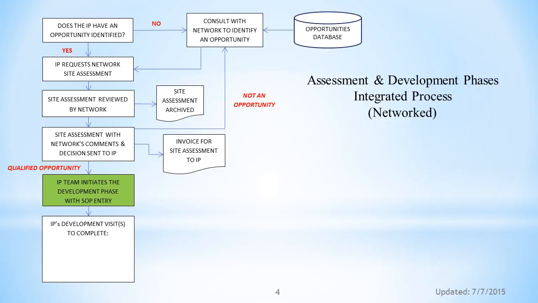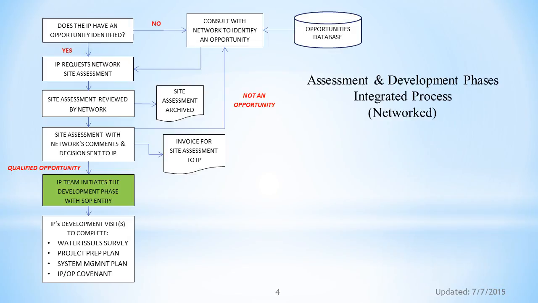The primary tools used by both the IP and potential OP during the visit include a water issues survey to establish the appropriateness of a water system for the OP and community, a project preparation plan to establish who will be responsible for specific activities in preparation for the implementation of a water system, and a system management plan to establish how the system will be managed once it is implemented.